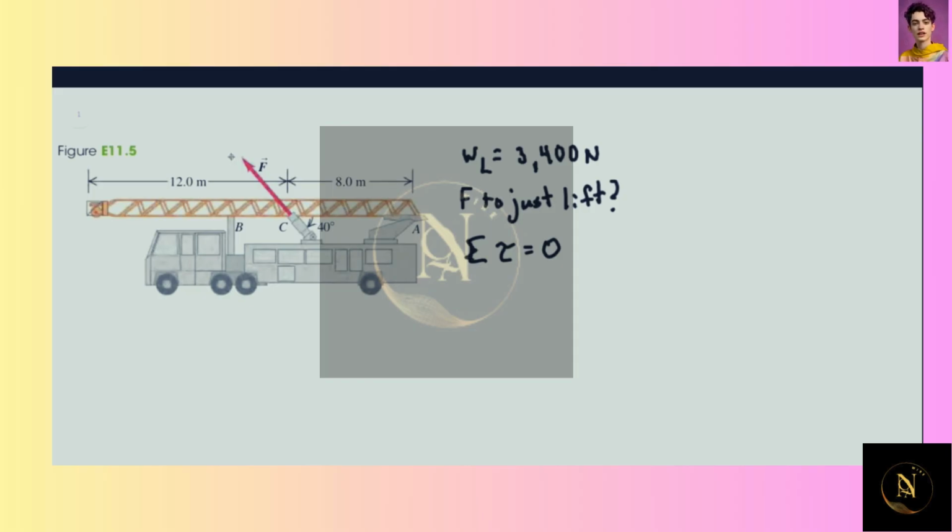It would either have to be 0 or it would have to be just on the verge of lifting the ladder. So we want to start with the free body diagram of the ladder.